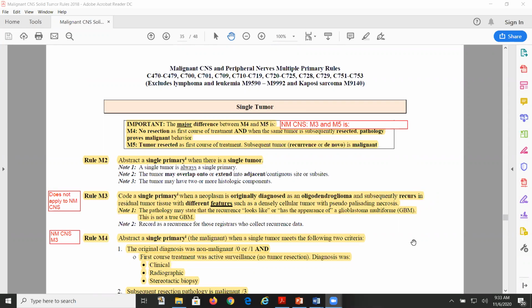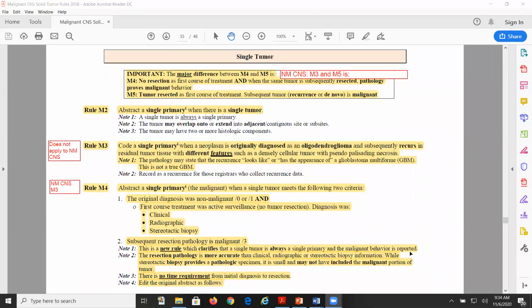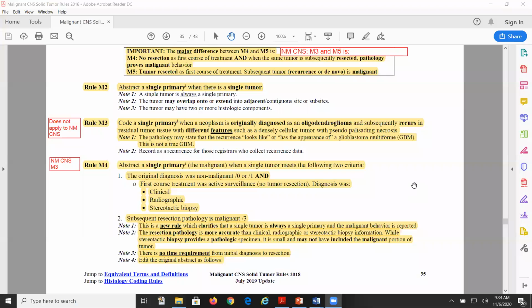M3: code a single primary when a neoplasm is originally diagnosed as an oligodendroglioma and subsequently recurs in residual tumor tissue with different features, such as a densely cellular tumor with pseudo-palisading necrosis.